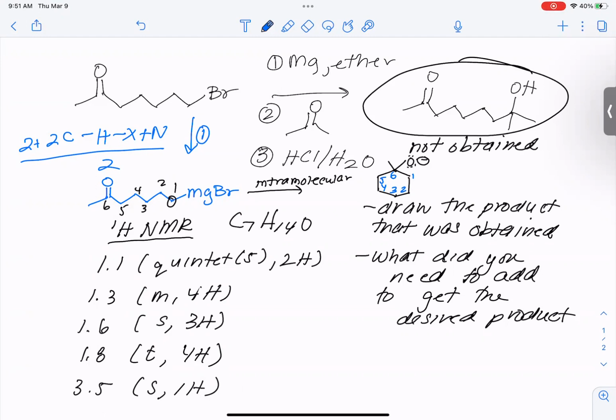Then you add the acetone and nothing happens because you already had the Grignard reaction. And then you add the HCl and water and you get this alcohol.